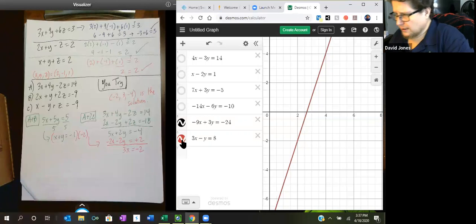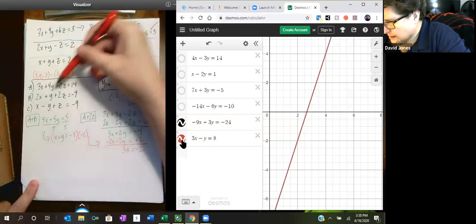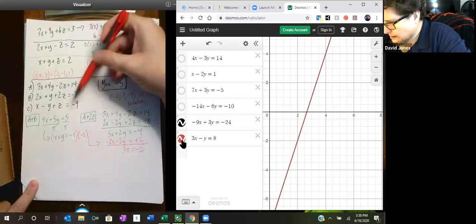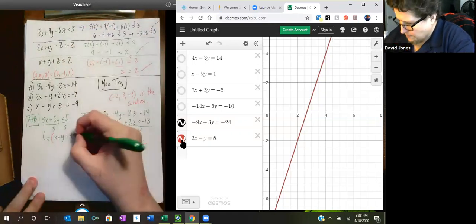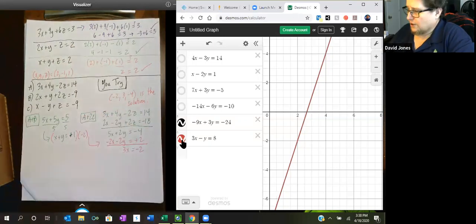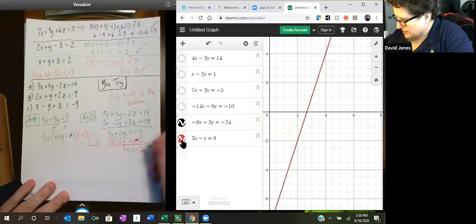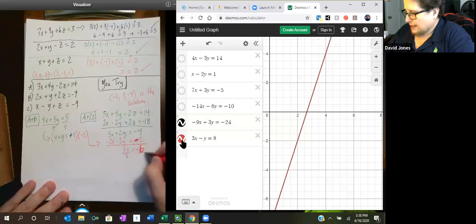Did I do something wrong here? Yeah, that's positive 1, not negative 1. What am I doing? So this should be negative 2 over here. This is negative 6. Divide by 3, and I get x equals negative 2.